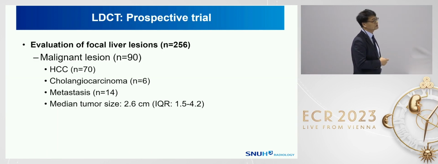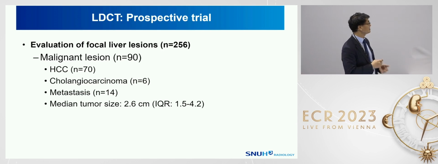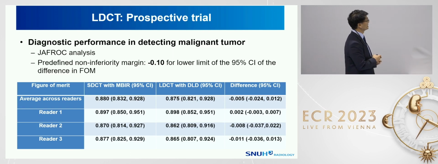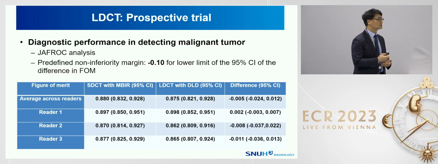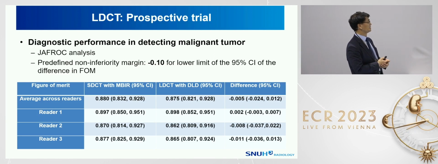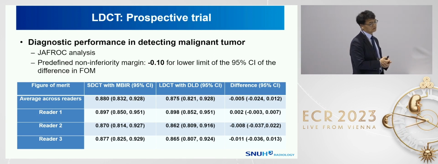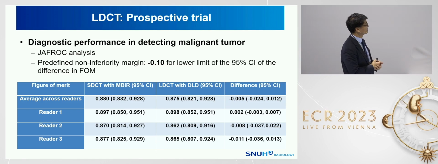And then in terms of malignant lesion detection, there were 90 patients having malignant liver lesions. And then we did a JAFROC analysis, and we preset the non-inferiority margin as minus 0.1 for the non-inferiority comparison.